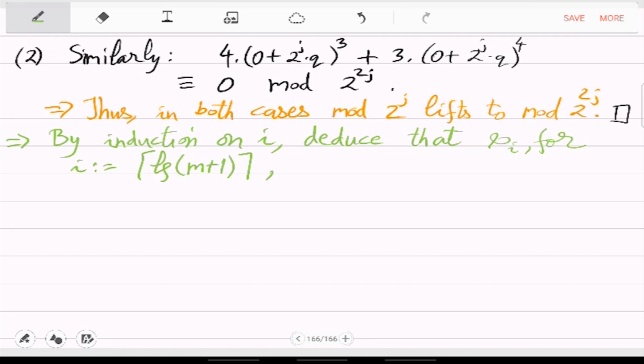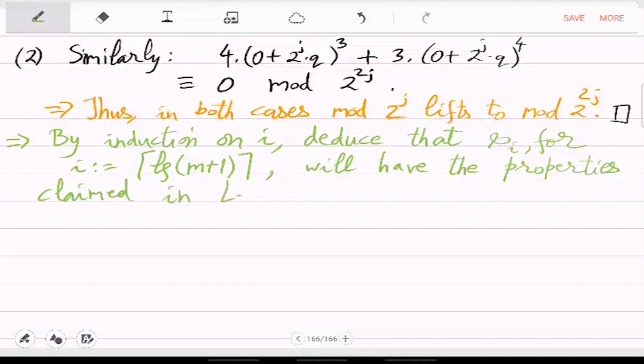For this i, phi i will have the properties claimed in lemma 2. Okay, so lemma 2 is proved this way.